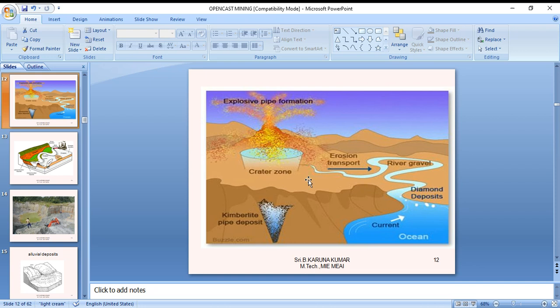That crater zone material falls into erosion and is transported through the river, where gravels or diamond deposits are carried by the current of the water and fall somewhere else. This situation happened some years back. It is transported from that place to other places through different mechanisms. So this is one reason why deposits form around the river area.